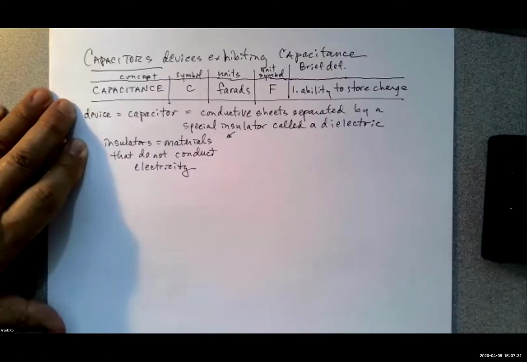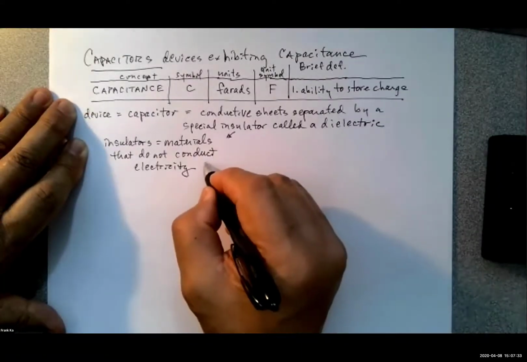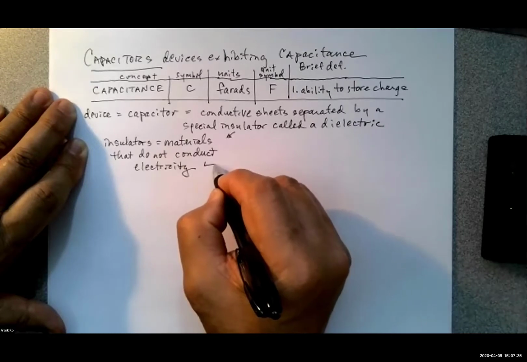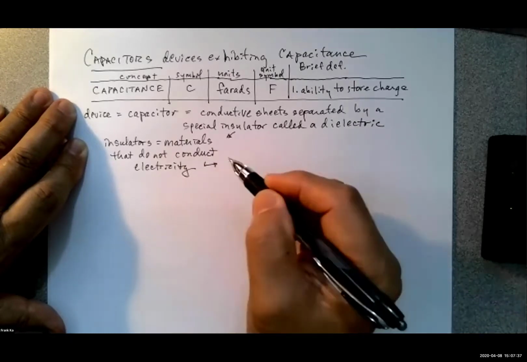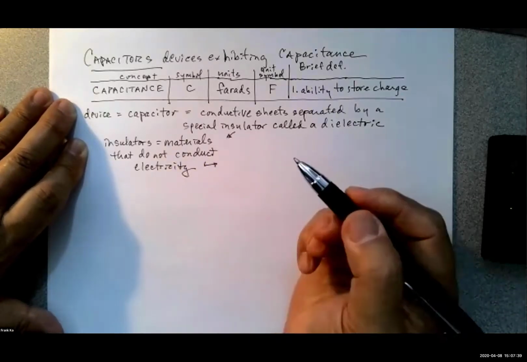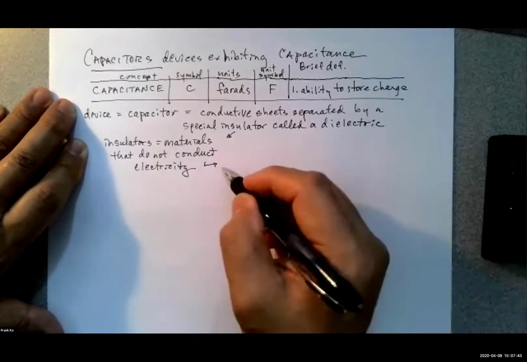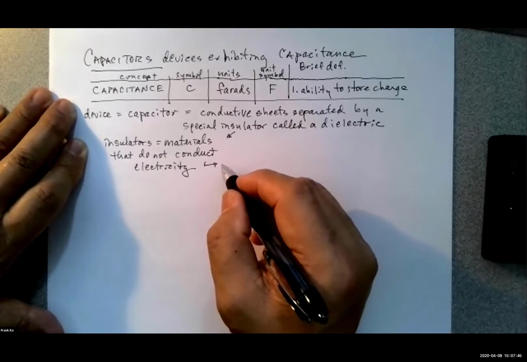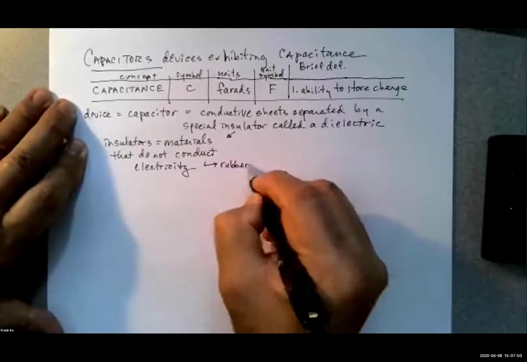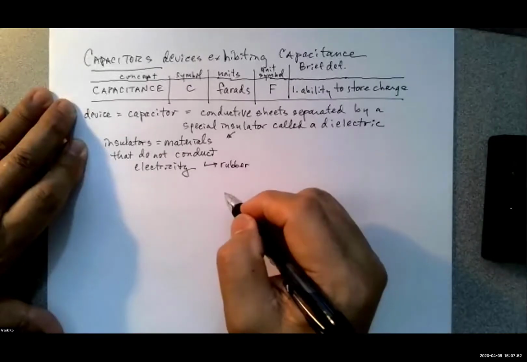Can you give me some examples of materials that you encounter that do not conduct electricity? Question would go to Andrew. Give me one type of material that does not conduct electricity. We know copper does, we know steel does, iron, aluminum. What's that, Andrew? Rubber. Rubber is a good one. Excellent. And Kyle, give me another example.